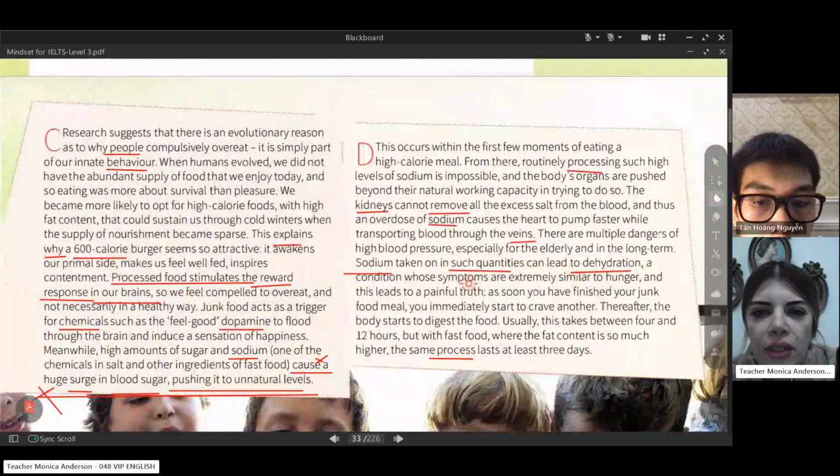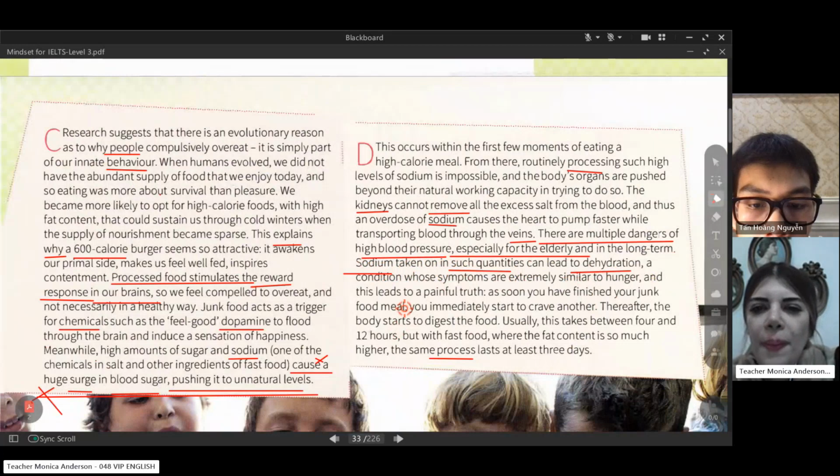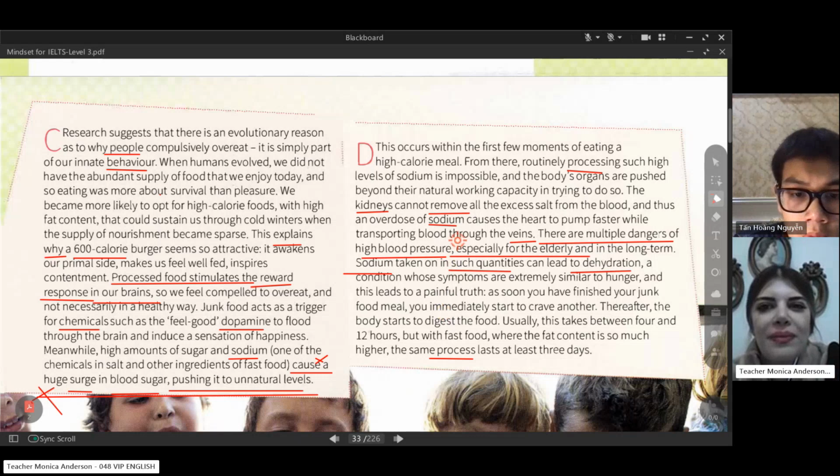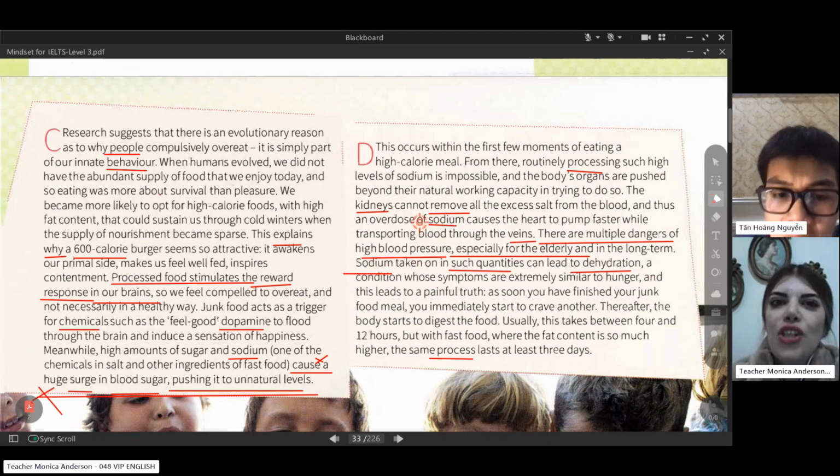So here you could find from the beginning. So who? Find something. What danger maybe? High blood pressure.